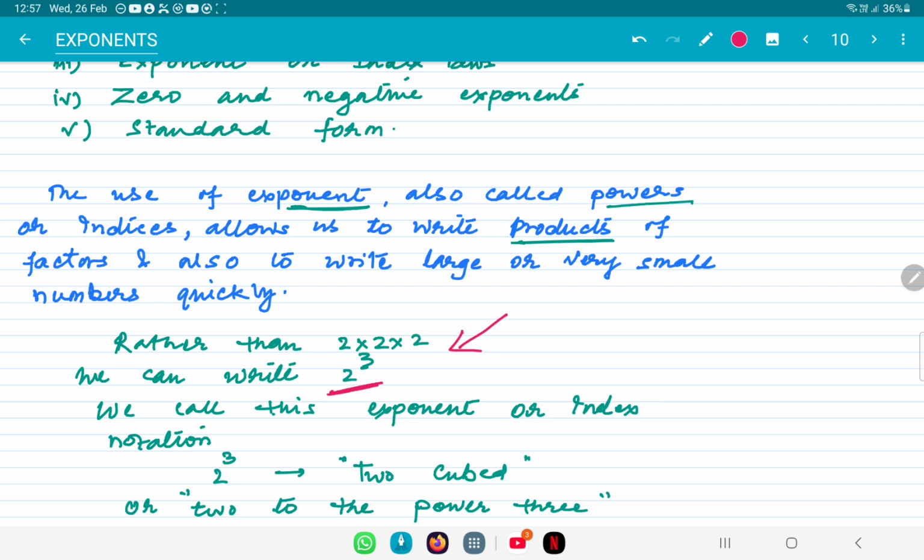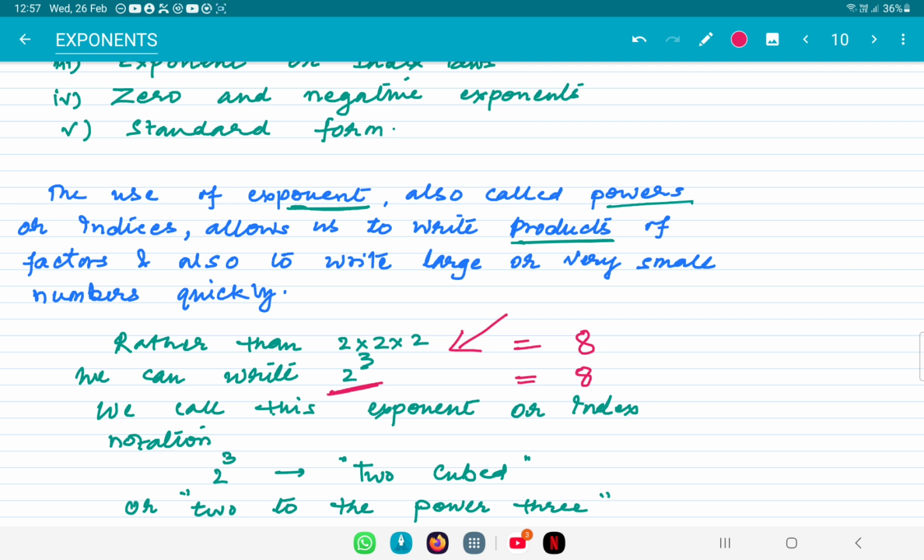Now we are seeing whether the answers are different. 2 multiplied by 2 multiplied by 2 is 8, and 2 raised to the power 3 is also 8. So instead of writing 2 multiplied by 2 multiplied by 2, we can easily write 2 raised to the power 3.